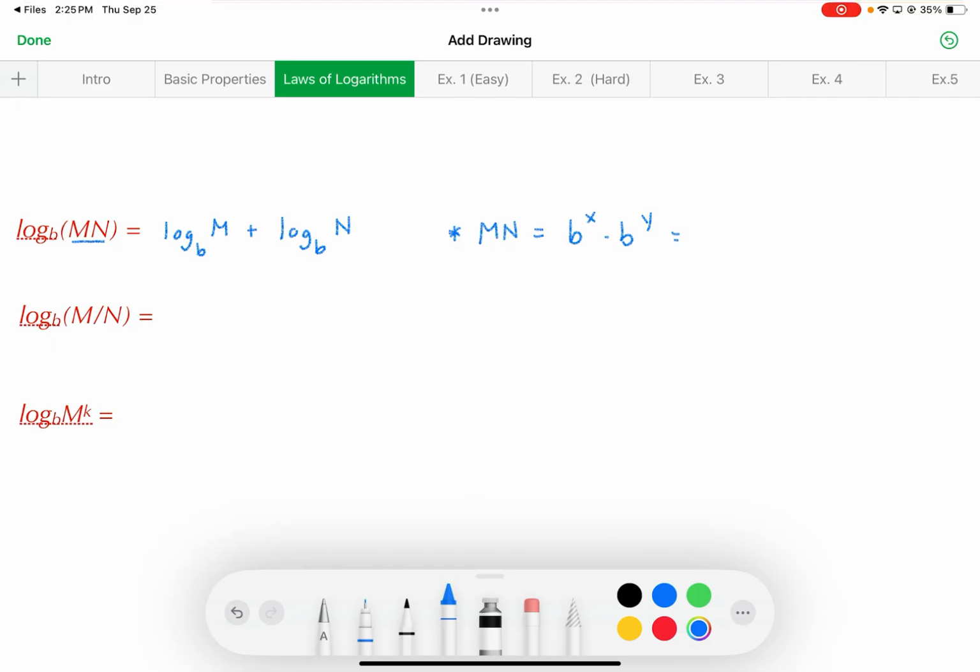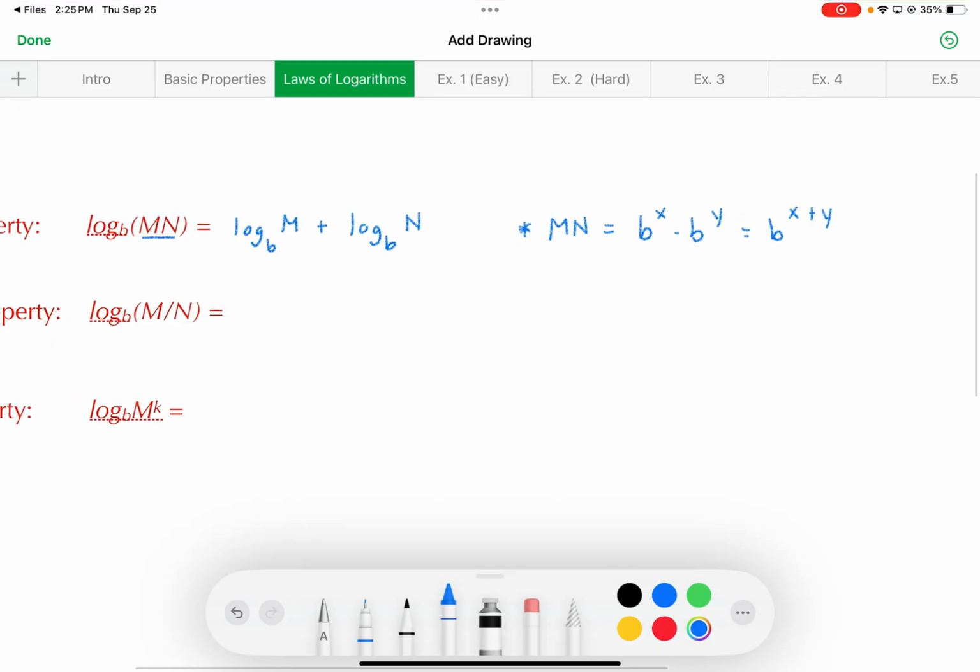Add them, yes. Okay, so you end up with b to the power of x plus y. Well, that would be x, and that would be y, wouldn't it? So they're just being added together.